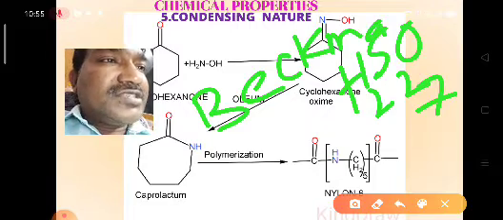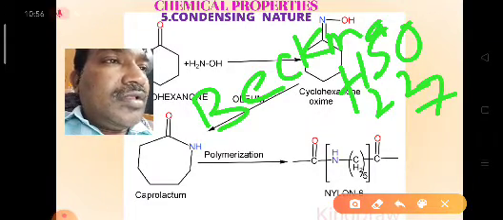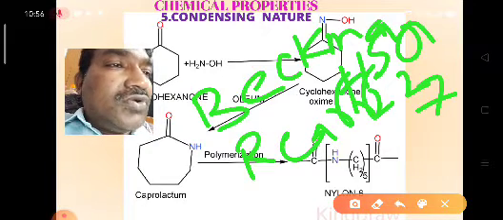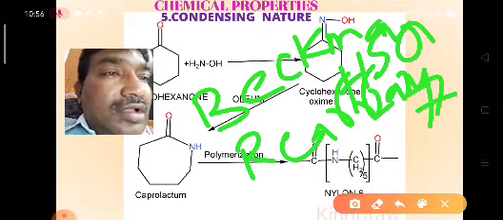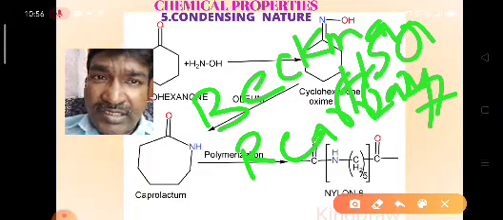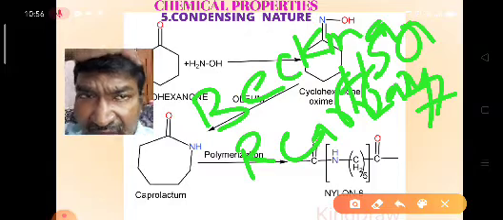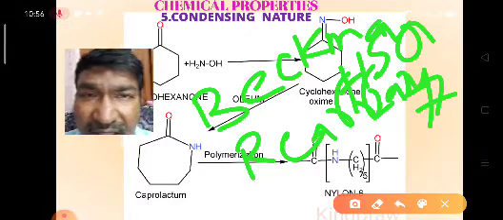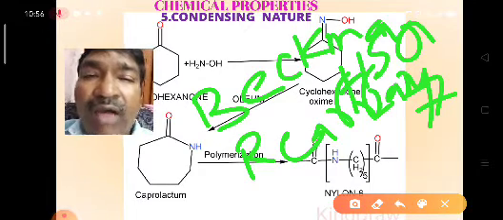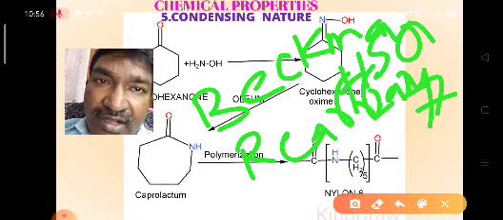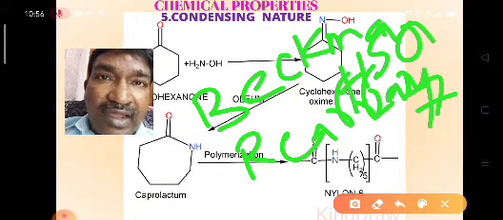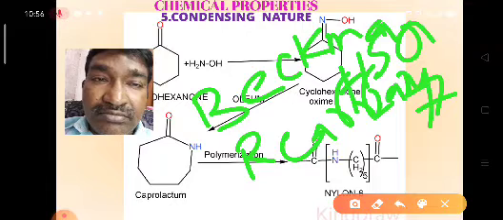In organic chemistry, we get this Beckmann's rearrangement. So cyclohexanone oxime undergoes the rearrangement reaction, that is Beckmann's rearrangement, and forms an amide. In Beckmann's reaction, oximes form amides. So here we get a cyclic amide. That cyclic amide is called a lactam.